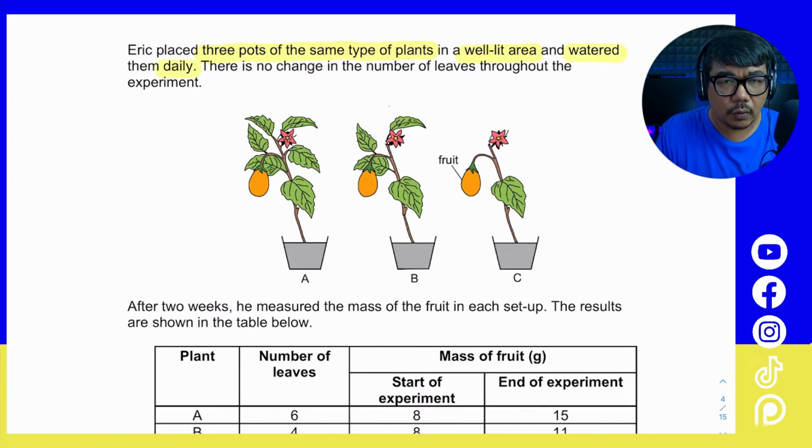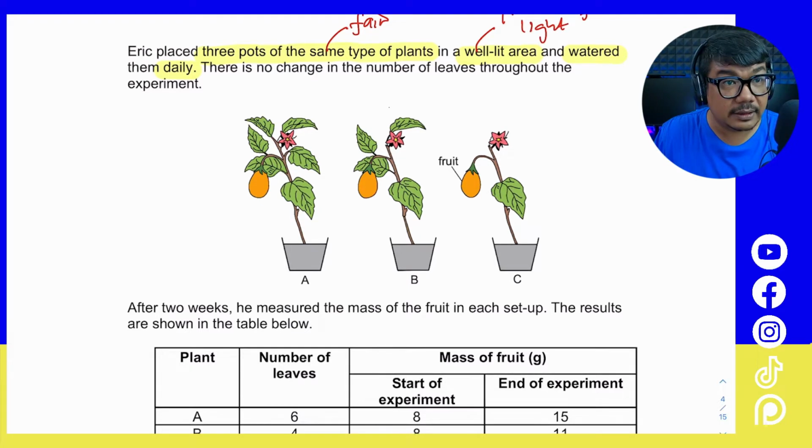If we take a look, same type of plants means this makes it fair, as well as a well-lit area. So this means there is presence of light.